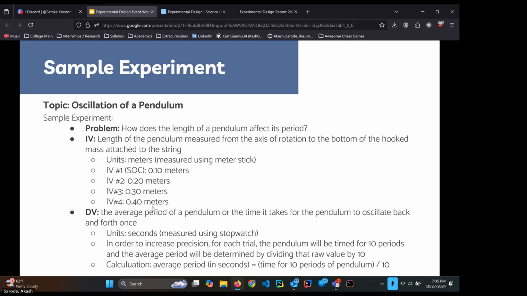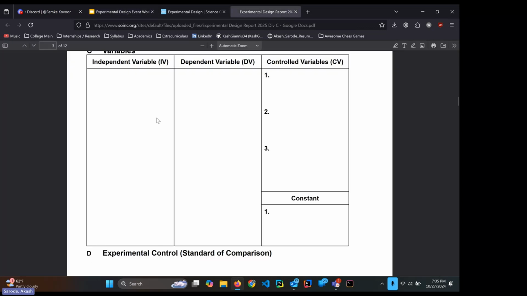And you would also want to write the tool that you're using to measure your IV as well.